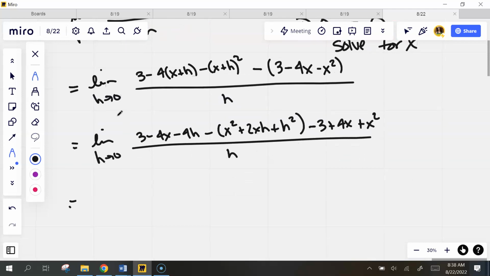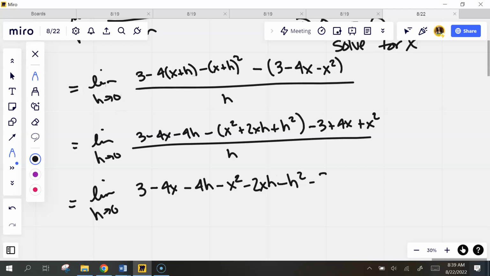You could start crossing out here, but just so you see where everything's coming from, I'm going to distribute that negative sign through so you can see how beautifully things start canceling. This negative here, that's where I FOILed out that x plus h. But because I was subtracting everything there, I had to distribute that negative sign.